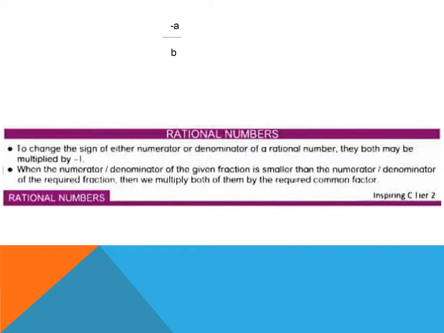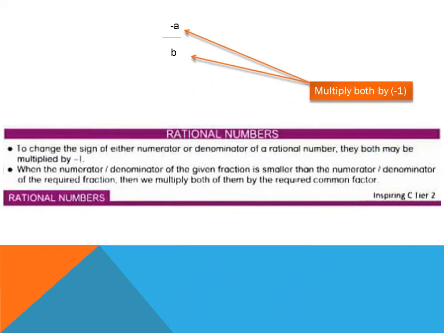Now if we are multiplying minus a with -1, then we have to multiply b also with -1. So we have to multiply both the numerator and denominator by -1 and the required rational number will become a by -b.